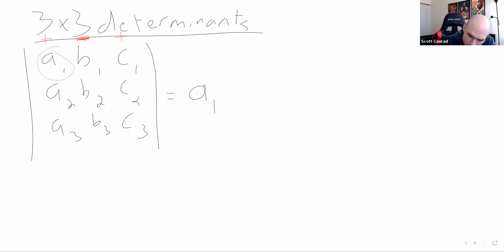When you do that, you're left with a 2 by 2 array of numbers, B2, C2, B3, C3. We take the determinant of that and multiply it by A1.